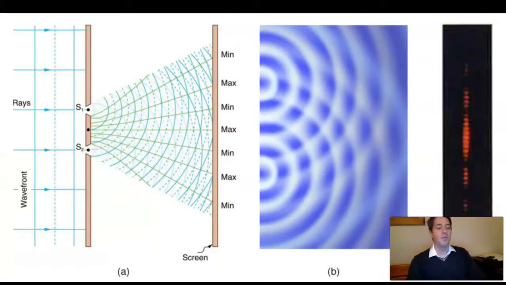This is how it forms. So you have these wavefronts, these waves coming in this way. And when these waves get to this barrier and pass through slit 1 and slit 2, the distance between them is usually somewhere on the scale of how big the slits themselves are. So again, on the size of the wavelength.